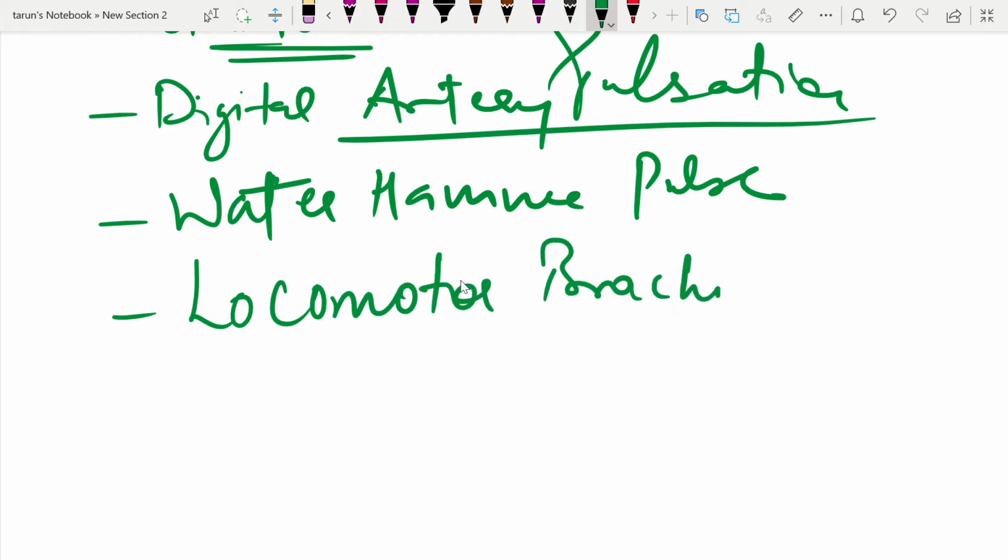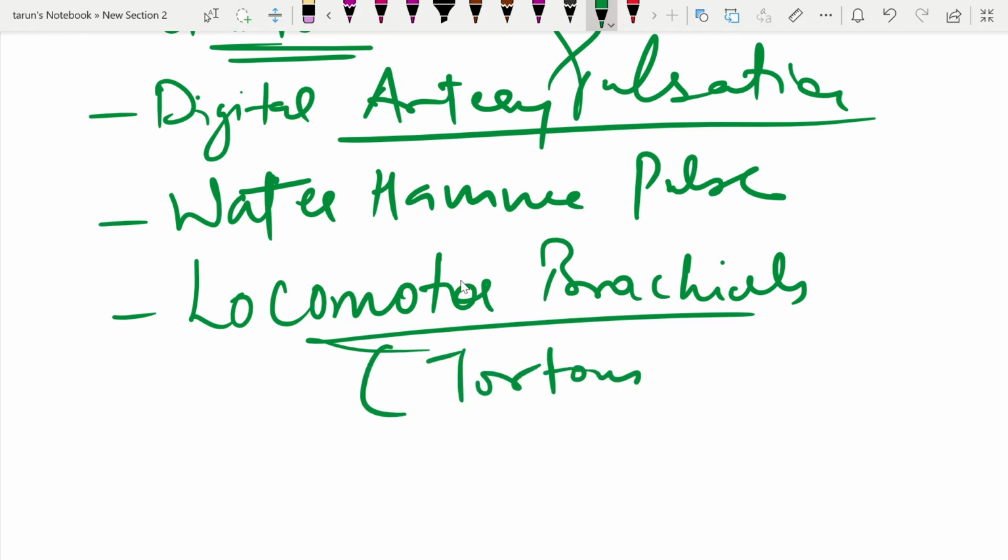What is the important component of this? Tortuosity is the important component, and you will get it in atherosclerosis. So you will look in the lower and middle side of the arm with a semi-flexed elbow for a tortuous and highly pulsatile brachial artery.